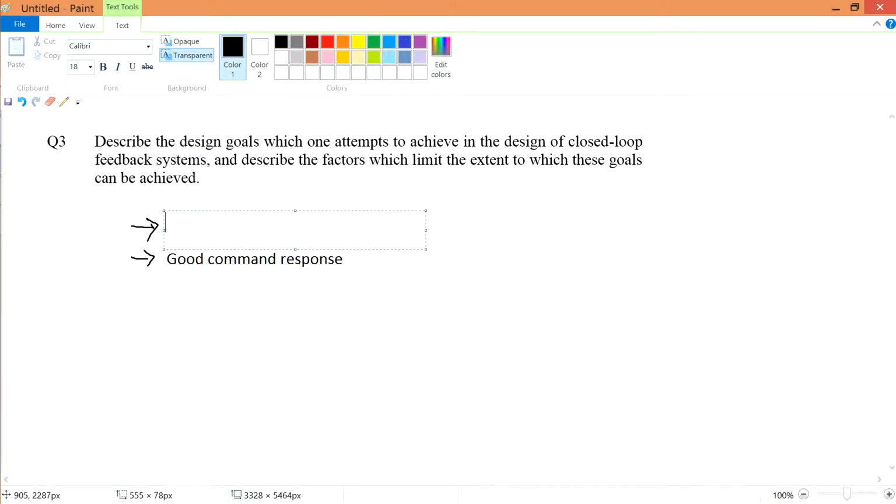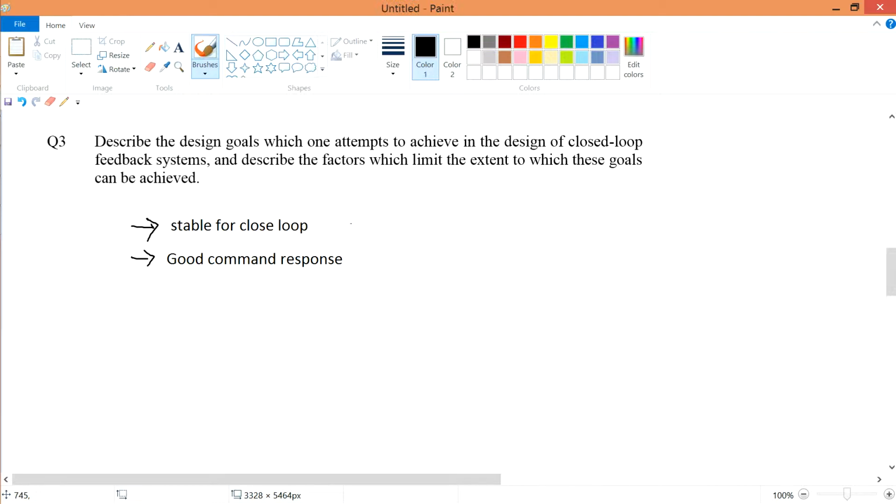You can check your vector margin, phase margin, gain margin, and alter your controller. Choose a PID controller and things like that, for stability. And then you will have somewhat of a good command response.